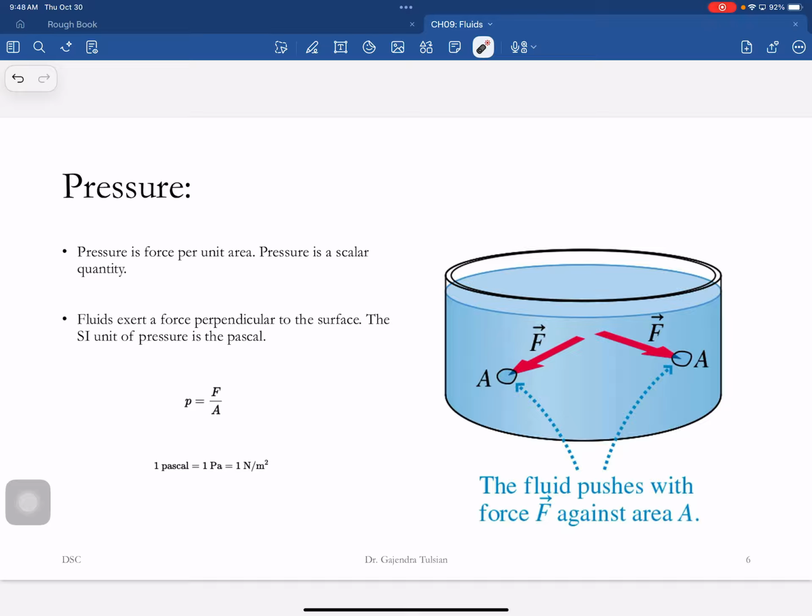In addition, they exert pressure against each other. Let's say you're looking at this block of liquid and this block of liquid. This block is exerting a force in that direction, and this block is exerting an equal and opposite force in that direction. So whatever surface you draw, they're pushing perpendicular to that surface.